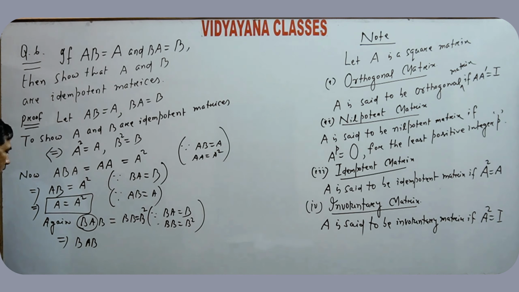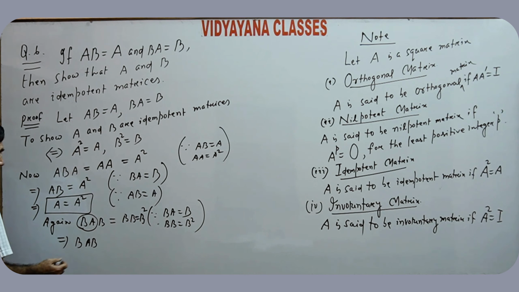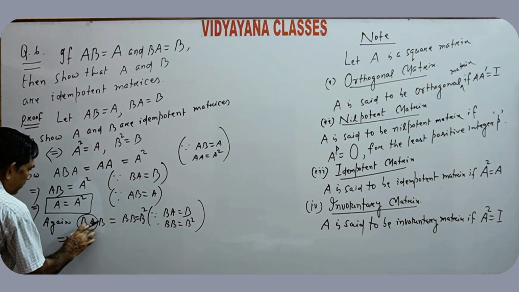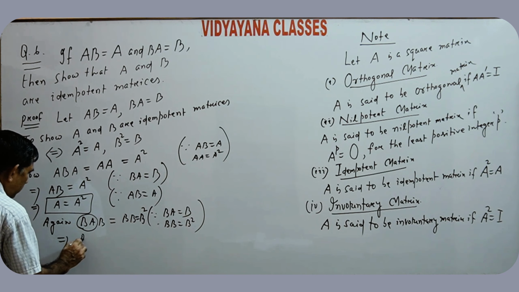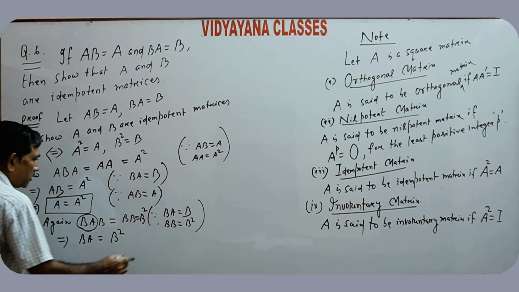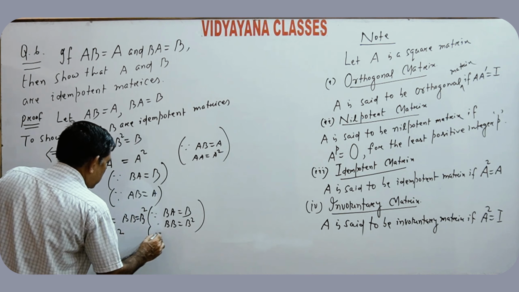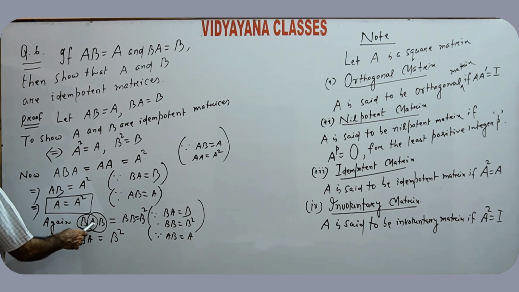AB is equal to A, so on the left hand side, BAB is B into A, and with BA equal to B, it gives B into B, that is B square.